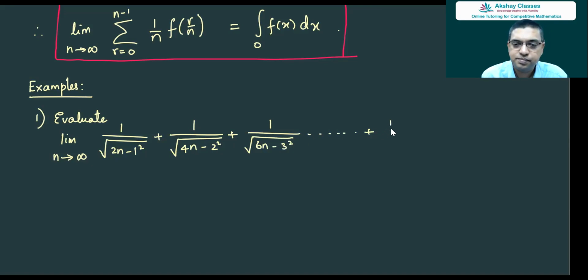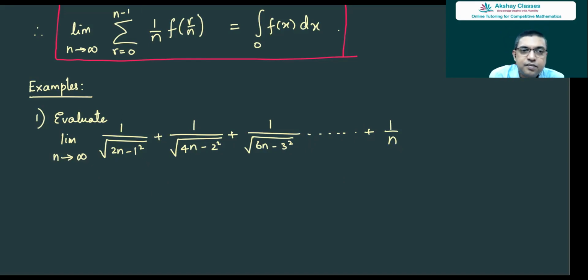The last term is 1 upon n. So how do we evaluate a series like this? This is an infinite series. Immediately when you see, it is difficult to conclude anything.